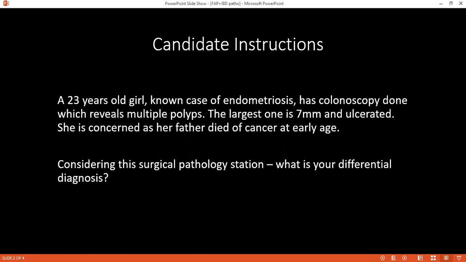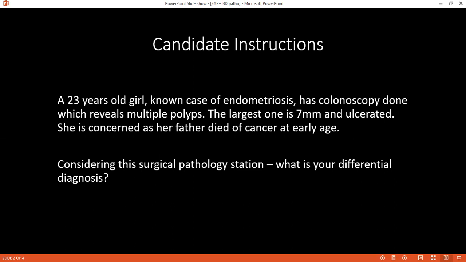Can you please tell me what are the types of adenomas that can be caused because of these genes? The types of adenoma could either be neoplastic and non-neoplastic.